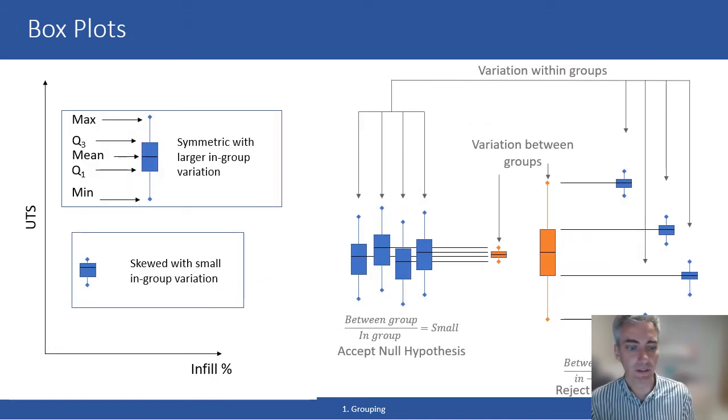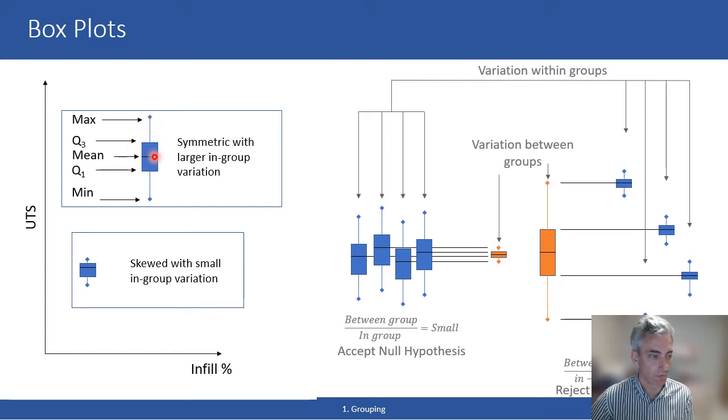Another way to look at this is using box plots. I'll just explain how box plots work. If you take a data set, you plot the minimum value on a line with a marker, and you also plot the maximum value in the data set with a marker.